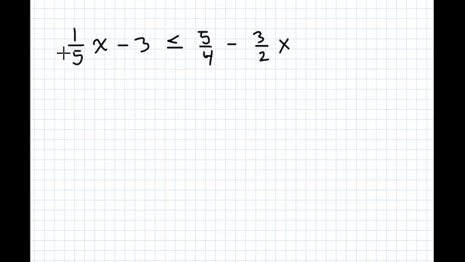And I'm going to multiply everything through. I'm going to get rid of this 5 here, so I'm going to multiply through by 5 to each one of these terms. And so 5 times 1/5 is going to give me a 1. So we're going to be left with x, because I don't want to write a 1 here, minus 5 times 3 is 15.